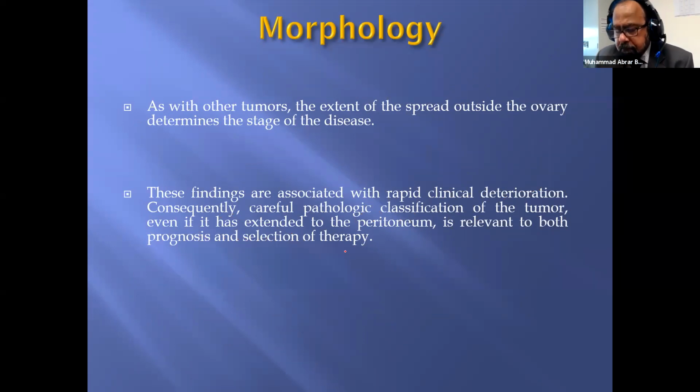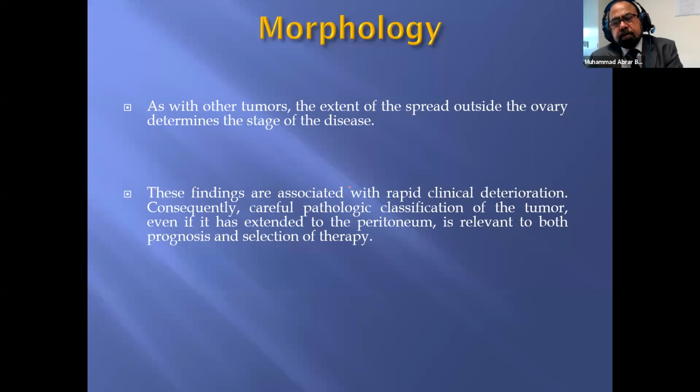So what we do is, when we receive the specimen, we see it very carefully and we also ask the surgeon to send us the ascitic fluid. So we do the cytology for the ascitic fluid, as well as we see the ovarian tissue, and we grade it according to what we see in the cells.